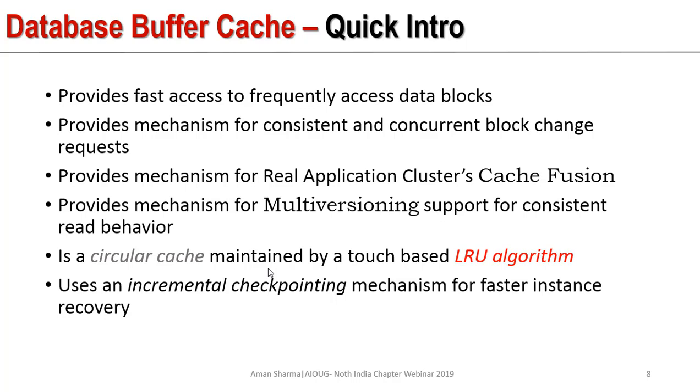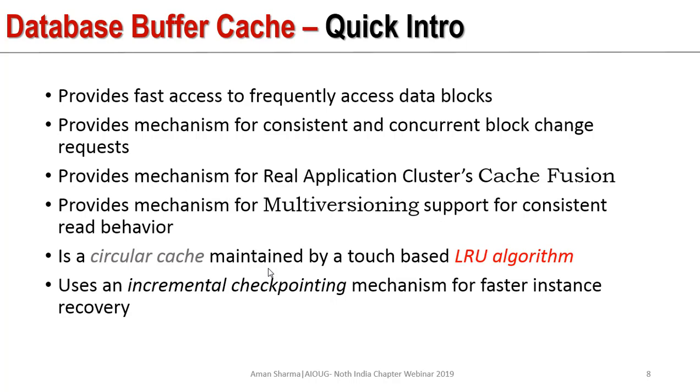Within the buffer cache we will have different types of buffers, created by different buffer statuses. For example, we have free buffers, consistent read buffers, dirty buffers, and so forth.